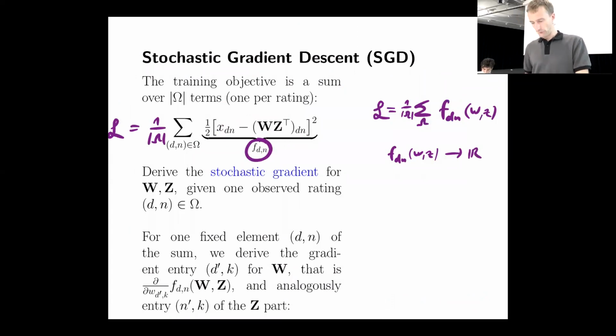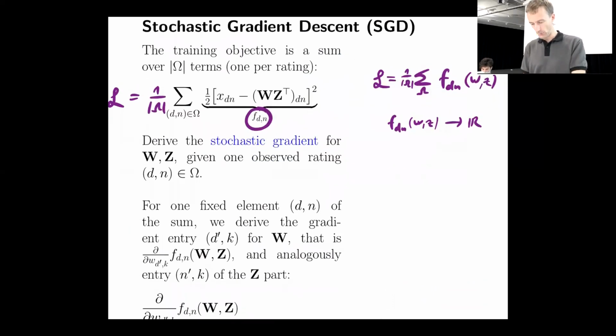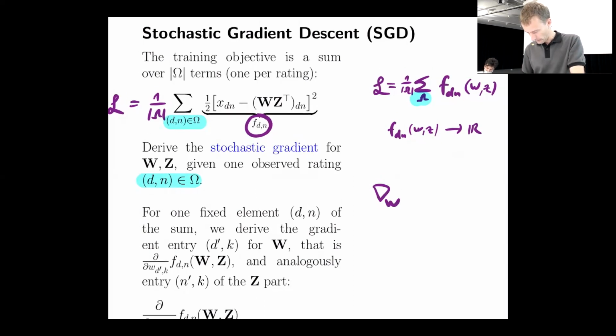To run stochastic gradient descent, we uniformly sample one of the observed entries. It's important to sample randomly from this set. Now we have a user n and movie d, and we need to compute the gradient of that small part with respect to the whole parameter W and Z. The gradient for W is something, the gradient for Z is also something.